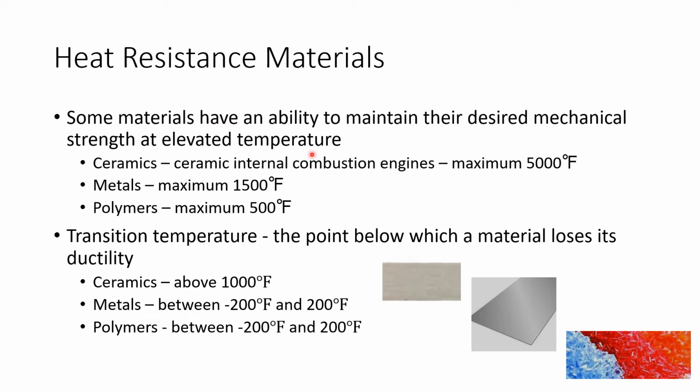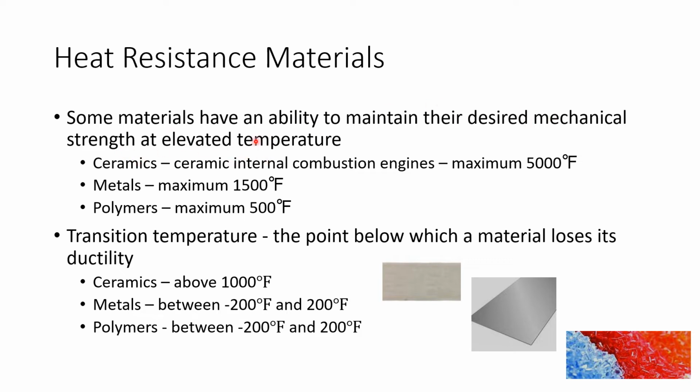When you think about heat resistant materials, some of the materials have the ability to maintain their desired mechanical strength even at elevated temperature, meaning very, very high temperature. Meaning that they can maintain their structure, and mechanical strength comes from their structure.